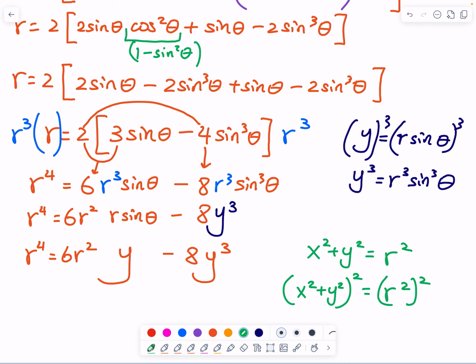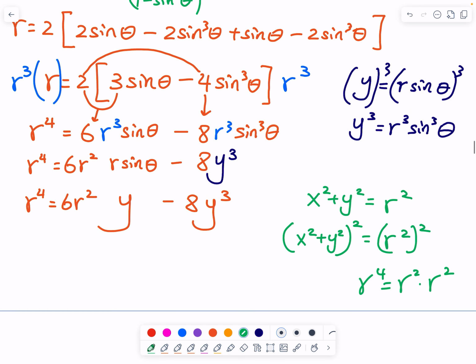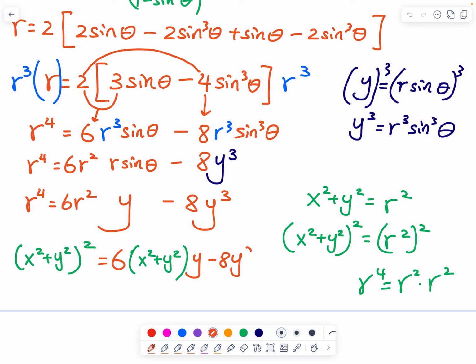The r to the fourth, I can do r squared times r squared, which is x squared plus y squared, all squared. That is equivalent to r to the fourth. And then I have 6r squared. So 6r squared, I can do x squared plus y squared, and then the y is a y, and then minus 8y to the third.